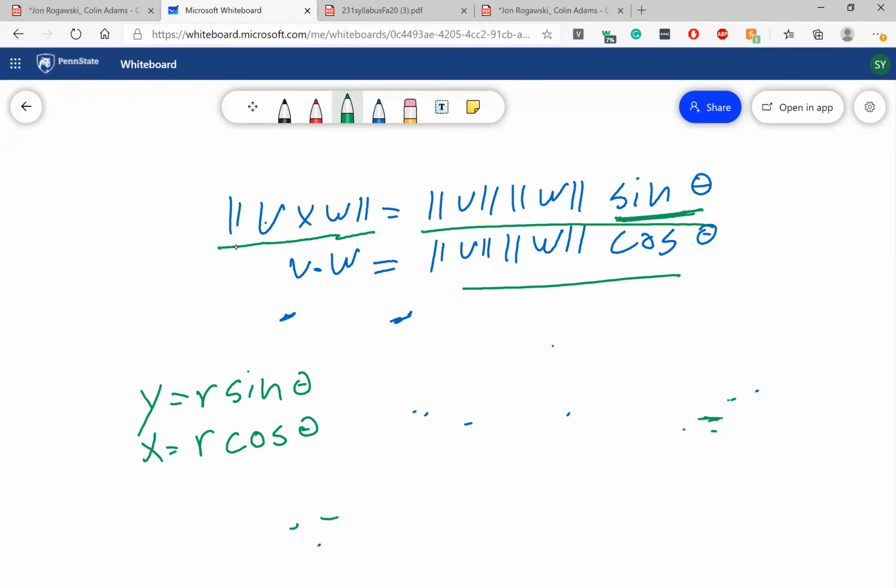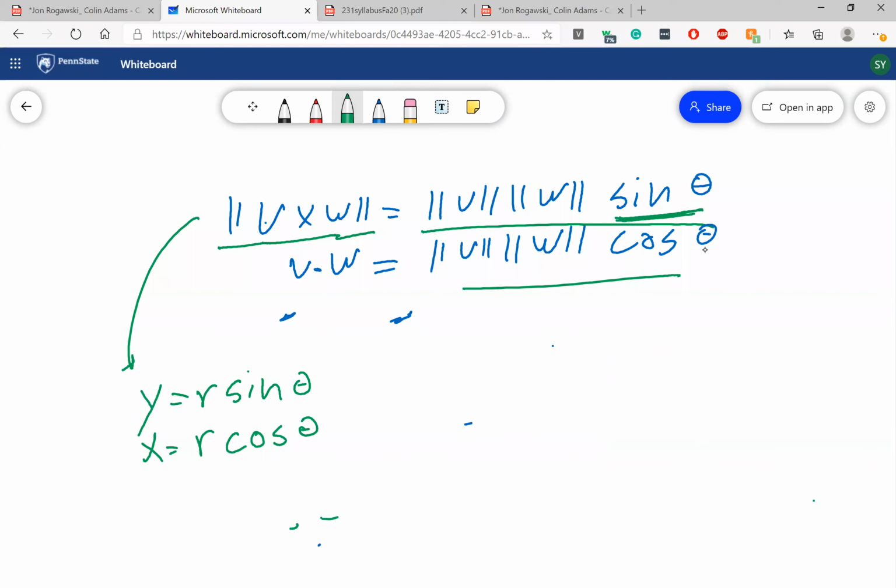So the cross product will help us find the y component of vectors if we need to. We're going to see more about this in a second, but the cross product kind of does what sine is supposed to do. It projects things onto the y coordinate.